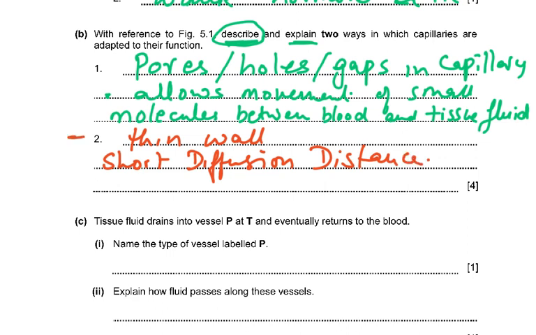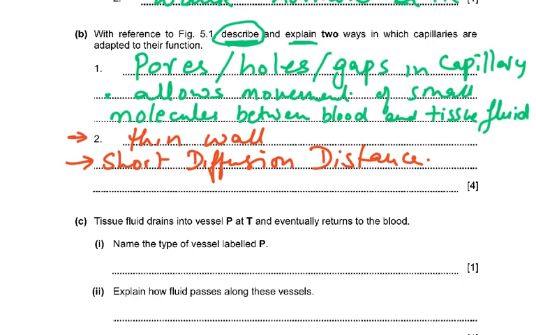So this would be the describe and this would be the explain. Then you could have come and said something else. They are thin and narrow, so blood moves slowly. So description is they are thin or narrow, and the explanation would be blood moves slowly for exchange.